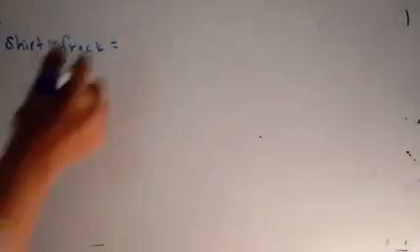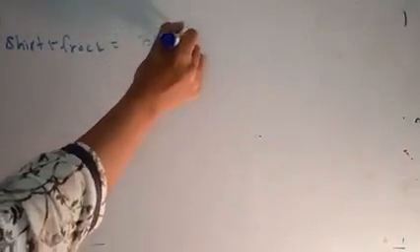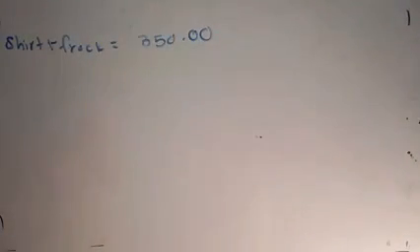Next one, question number 5. Rashmi bought a skirt and a frock and gave 2000. First, we have to get the price of the shirt and frock. So, the shirt is 350 rupees and no cents.